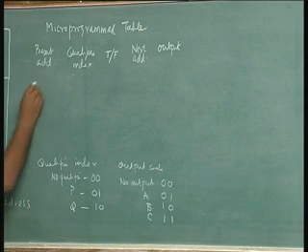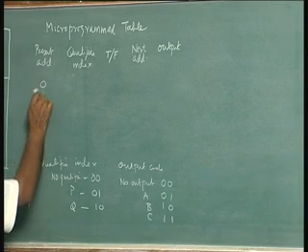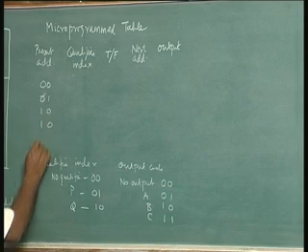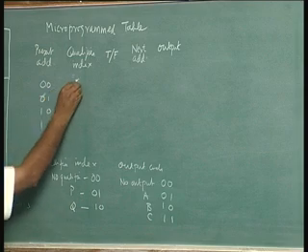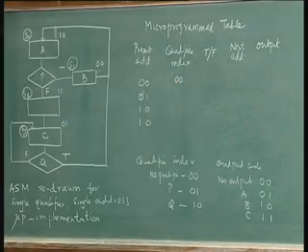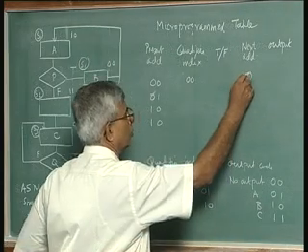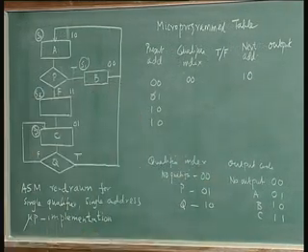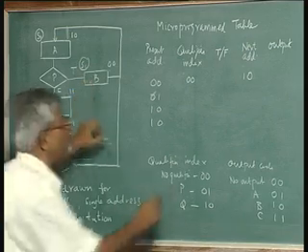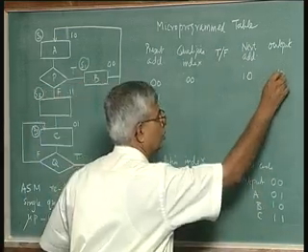So, now I will put the present states 0 0, 0 1, 1 0, 1 1. In the 0 0 state, no qualifier is tested. When no qualifier is tested, the next address has to be 1 0. Output in this state is B, which is 1 0.